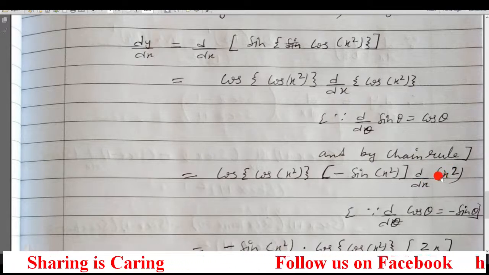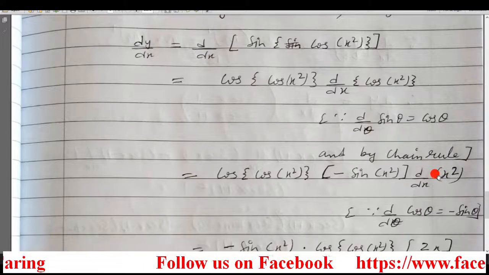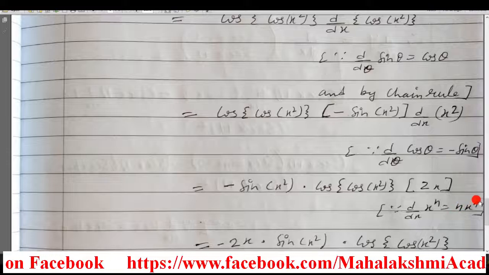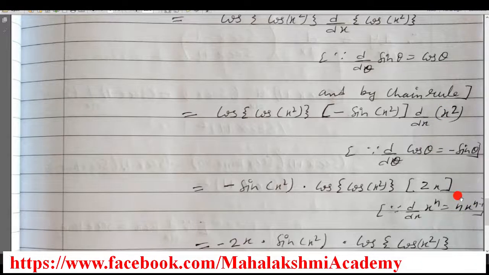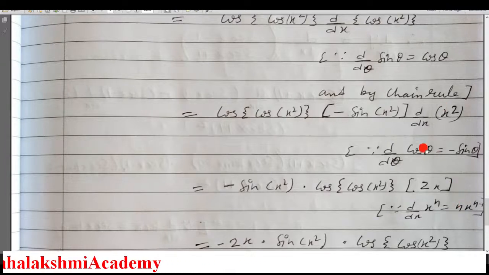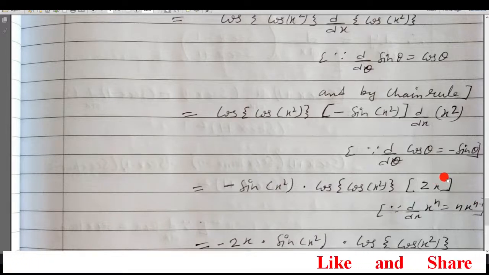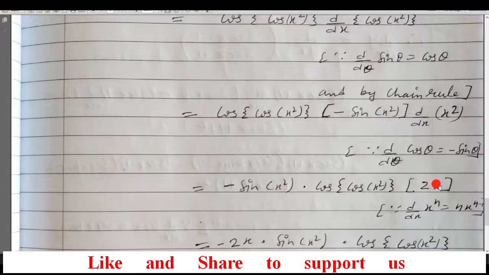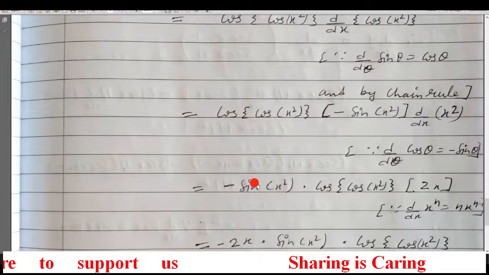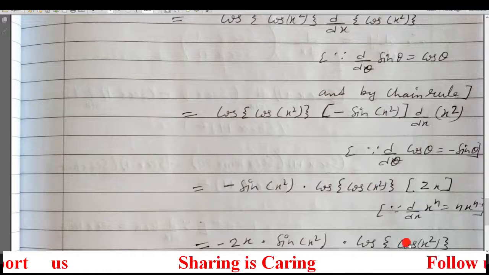Then x square you have to differentiate by using the formula x to the power n, that is n x to the power n minus 1. So the power comes in multiplication, so 2 will come in front, then x to the power n minus 1, that is 2 minus 1, which is 1, so I don't write anything there. Finally we'll adjust them. This 2x will come in front, so minus 2x, then sin x square, then cos as it is.